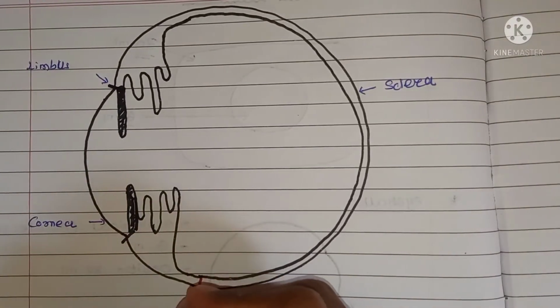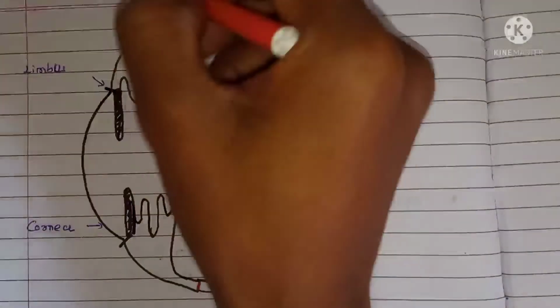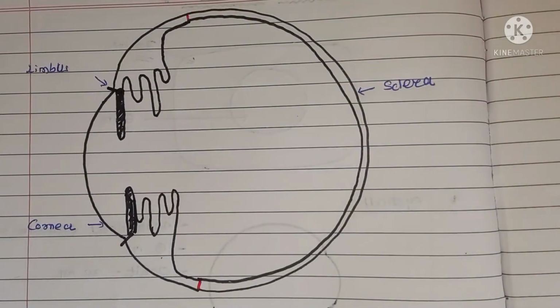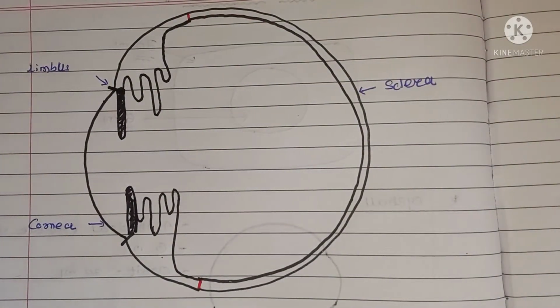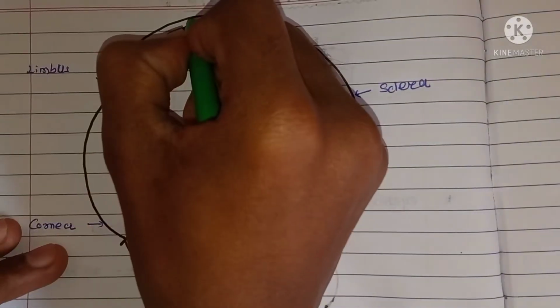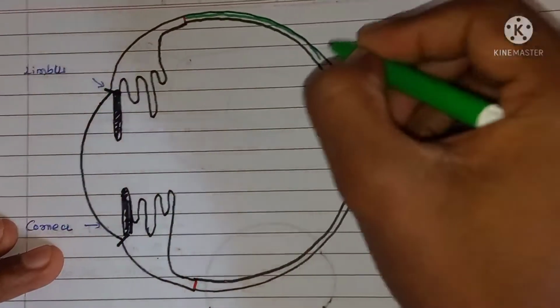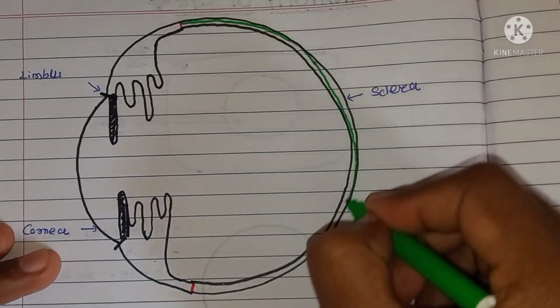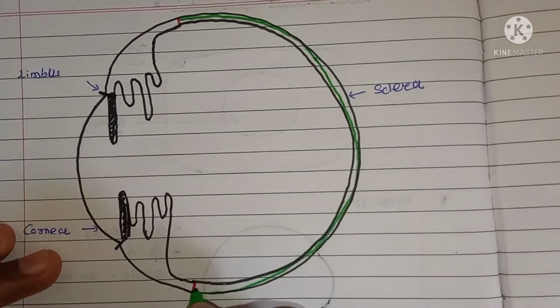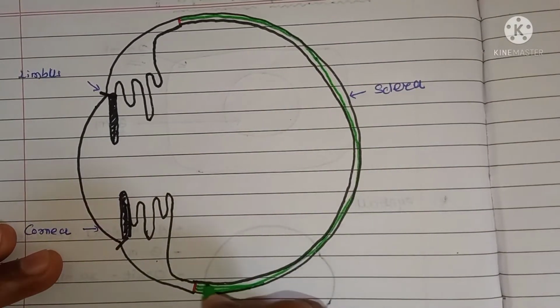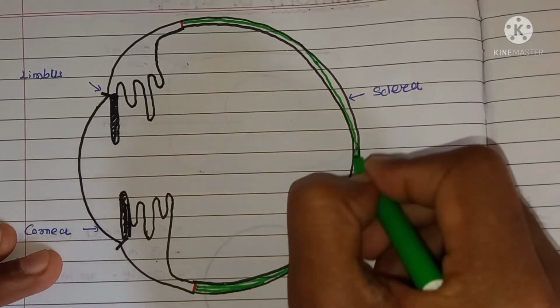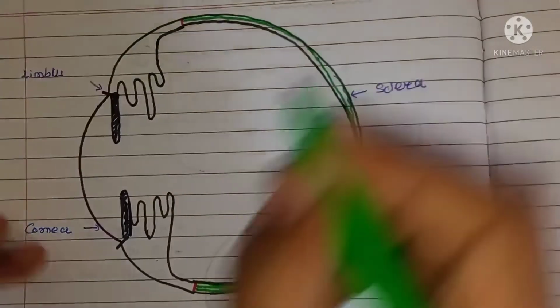Till here this part is ciliary body, and as you can see, all the rest of the part is known as the choroid. And as we know that the middle layer is also known as the uvea, this is the choroid.